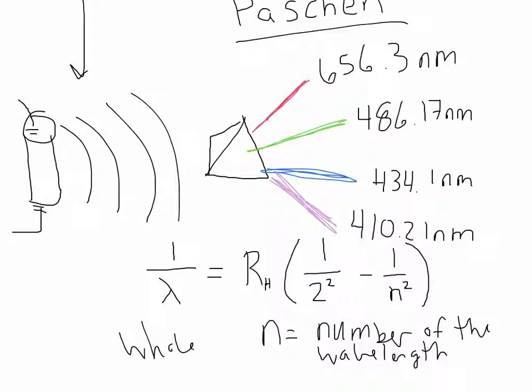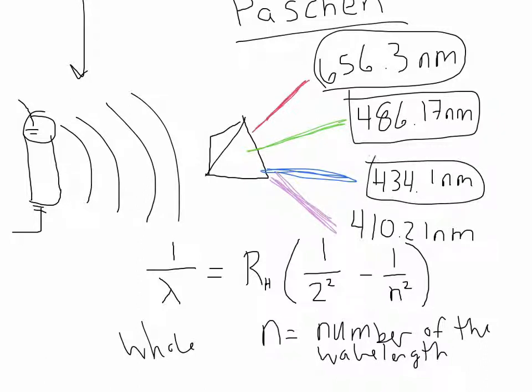So n is a whole number: 1, 2, 3, 4, and so on. Balmer didn't know why the equation worked. He just made the equation fit the data.